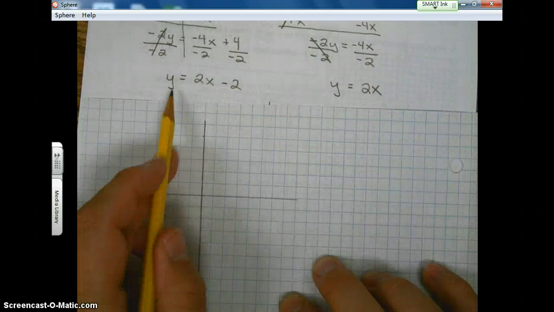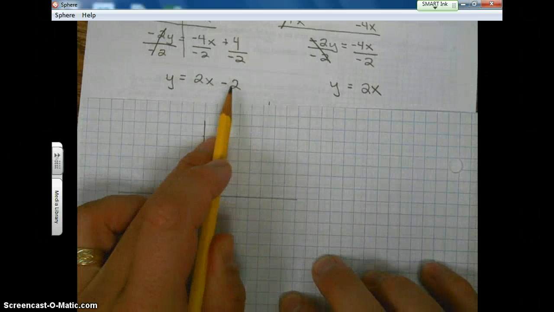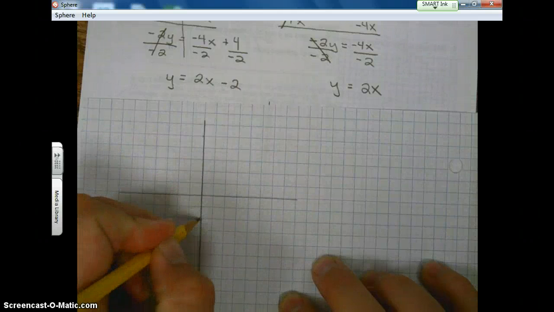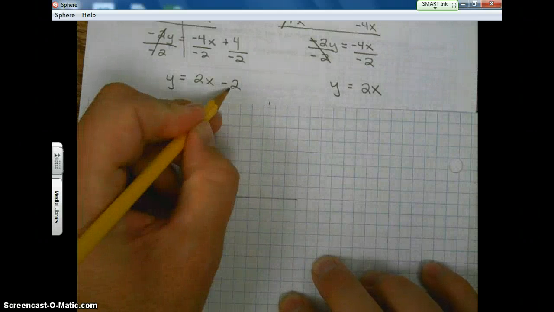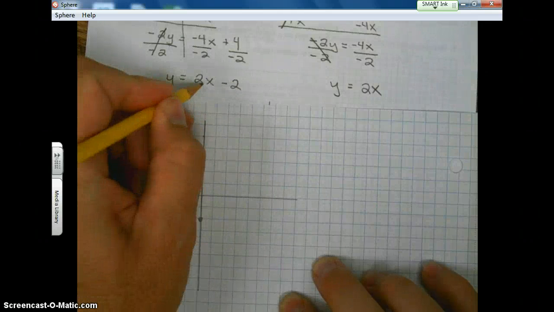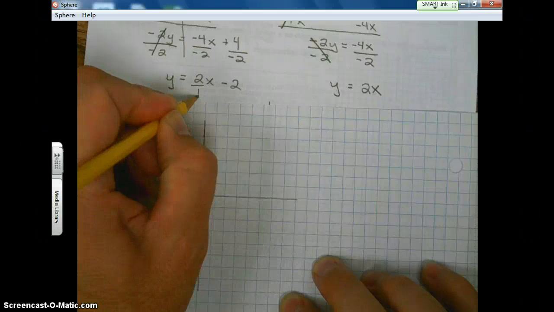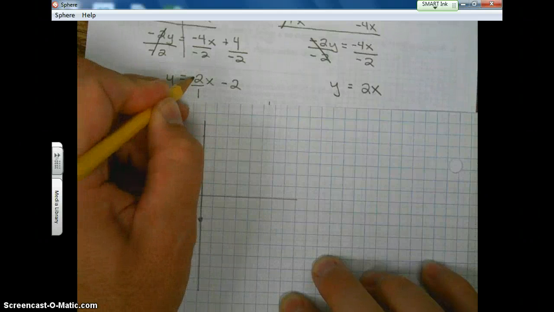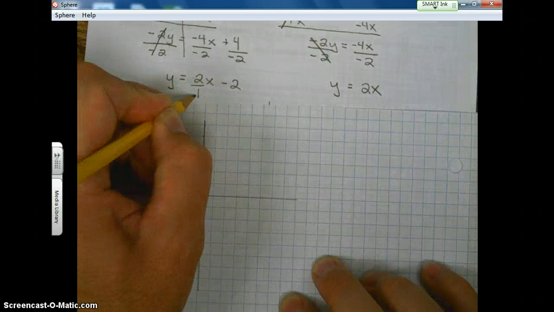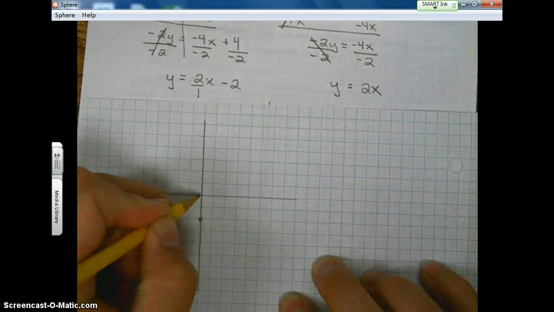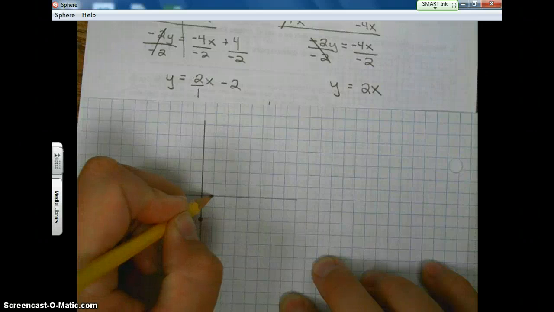So graphing the first one, remember we start with the y-intercept. So negative 2 is your y-intercept. And then we graph our slope. So we want to put our slope into rise over run. So we're going to rise 2, run positive 1. So from our y-intercept, we rise 2, we run positive 1.